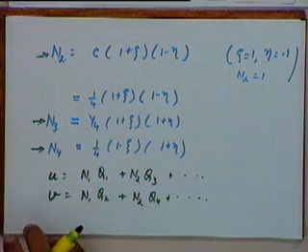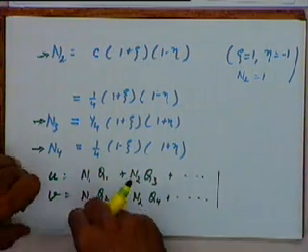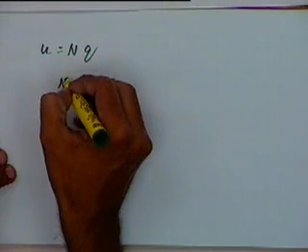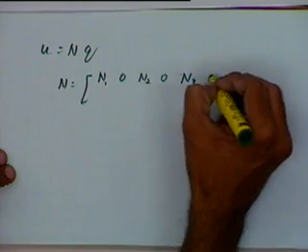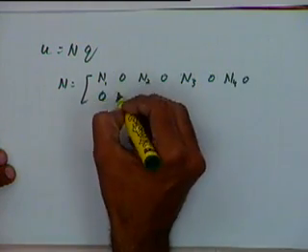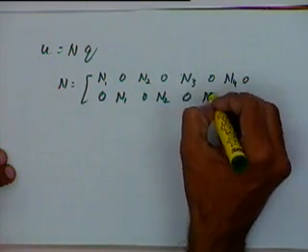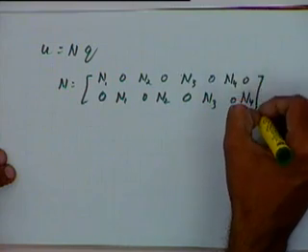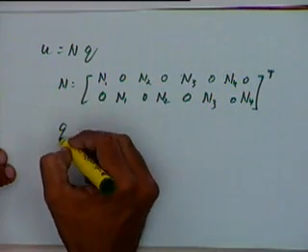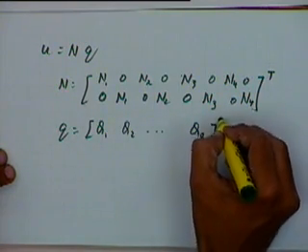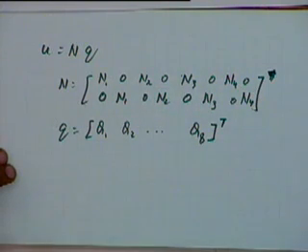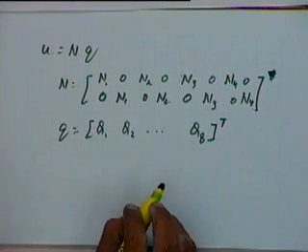Or we can write this in a matrix form as u equal to Nq, where N will be n1 0, n2 0, n3 0, n4 0, 0 n1, 0 n2, and so on, and q is equal to q1, q2 till q8. Again we'll choose an isoparametric representation.